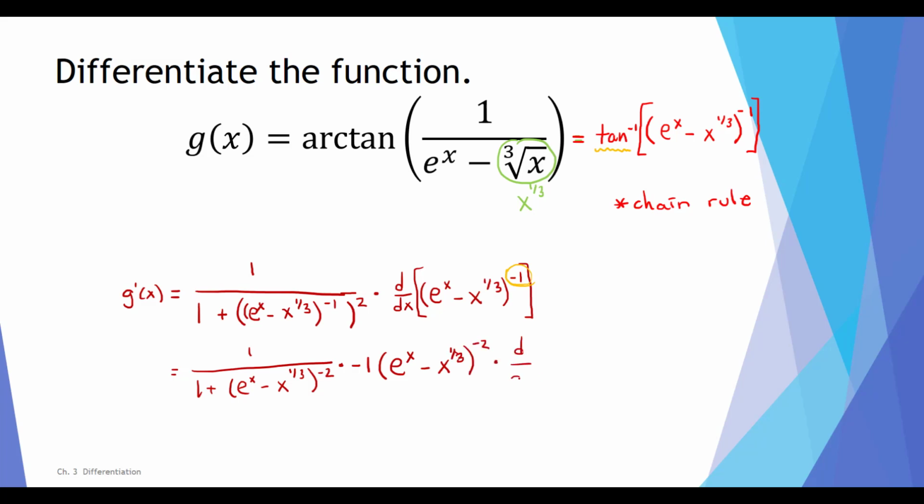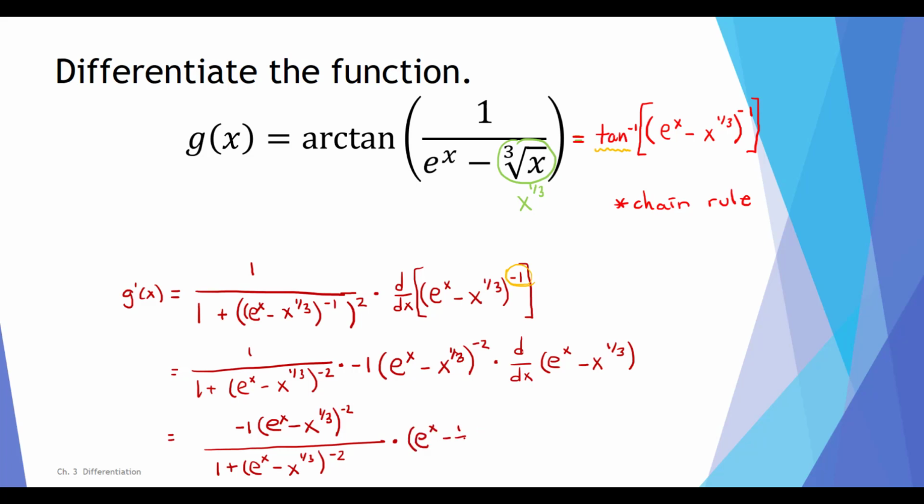And then I multiply again by the derivative of the base, e to the x minus x to the 1/3. Rewriting the initial part of our expression, multiplying fractions, we have negative 1 times (e to the x minus x to the 1/3) to the negative 2, divided by 1 plus (e to the x minus x to the 1/3) to the negative 2, and multiplying by the derivative of e to the x minus x to the 1/3, we multiply by e to the x minus 1/3 x to the negative 2/3.